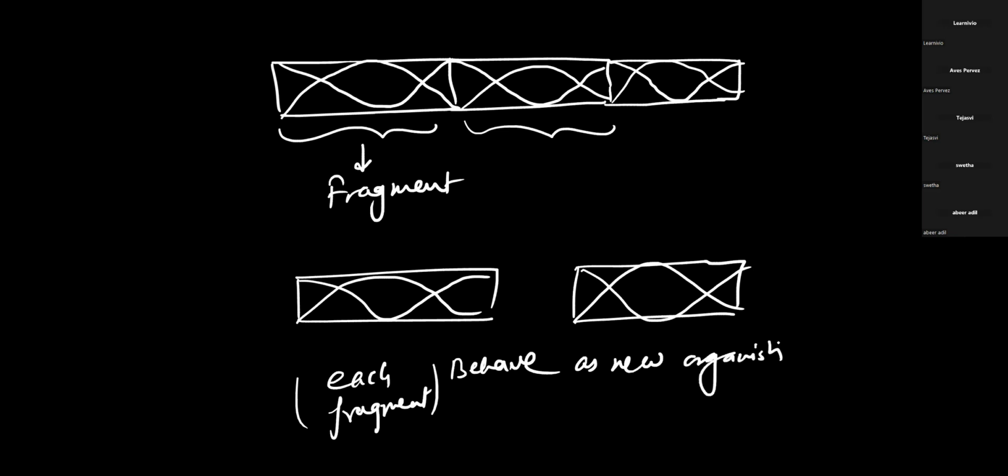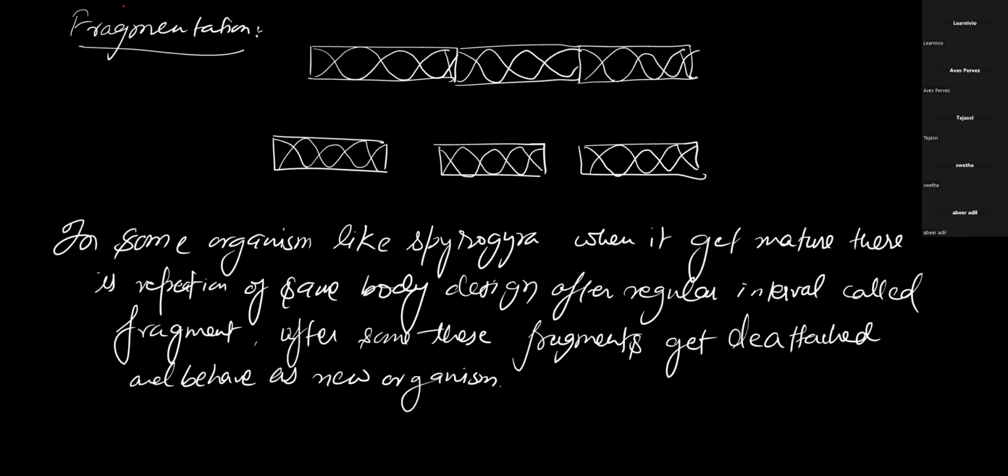So what is fragmentation? Tell me what is fragmentation. So note it down. In some organisms like Spirogyra, when it gets mature, there is a repetition of the same body design.